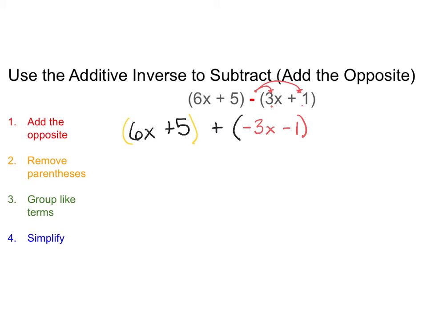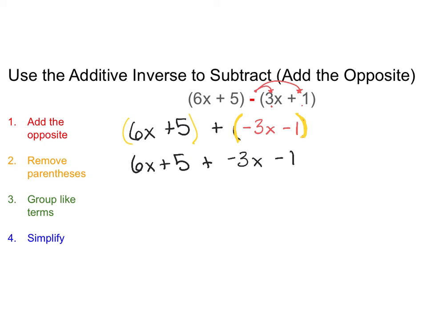Okay? Do you want to make this yellow though? Right? So the next step would be to remove the parentheses. So I'm going to go ahead and just write everything else the same without the parentheses. Now I have addition, right? Negative 3x and then minus 1.